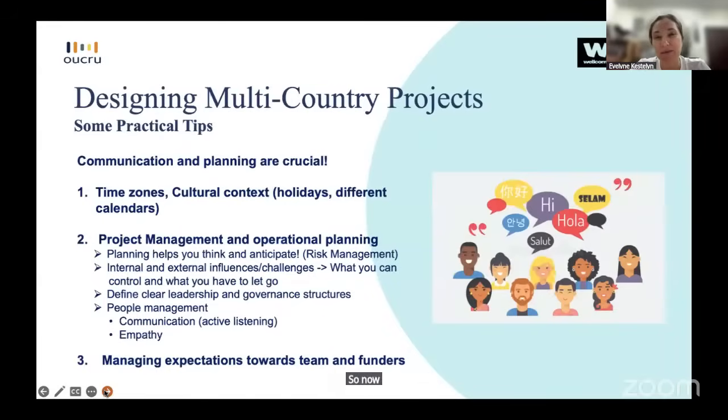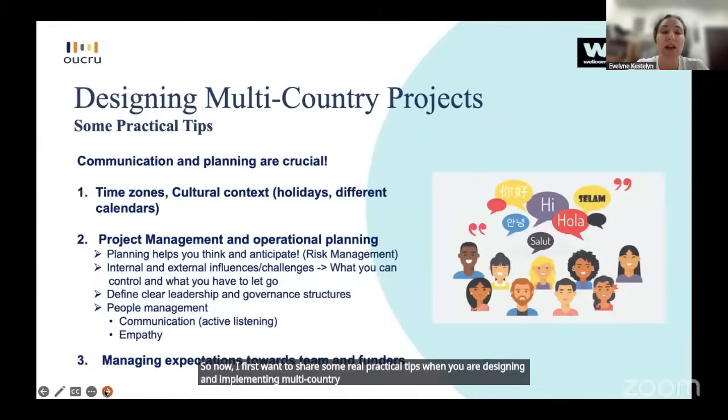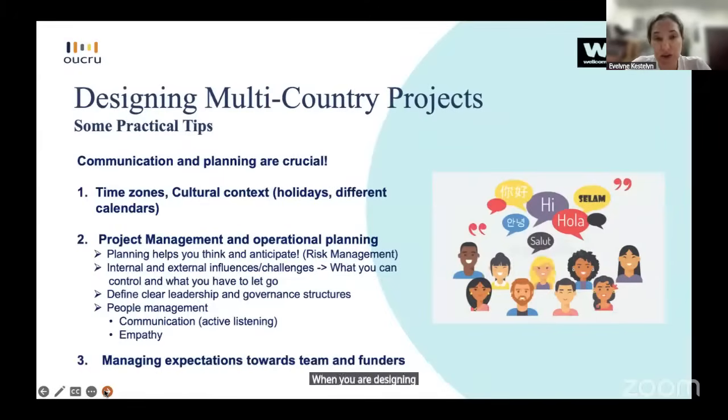So now I first want to share some real practical tips when you are designing and implementing multi-country projects. When you are designing multi-country projects, communication and planning are crucial.